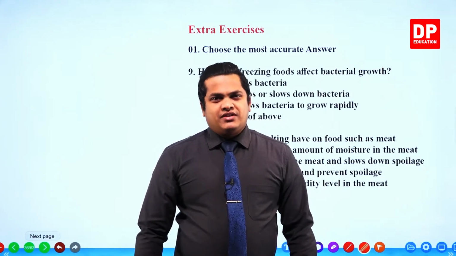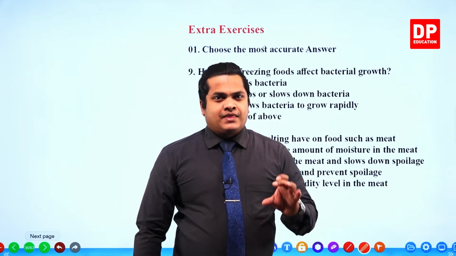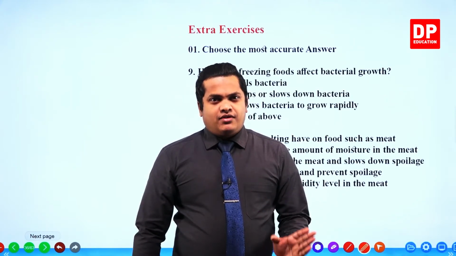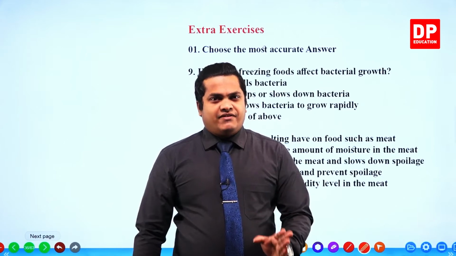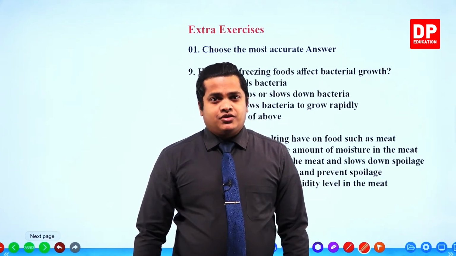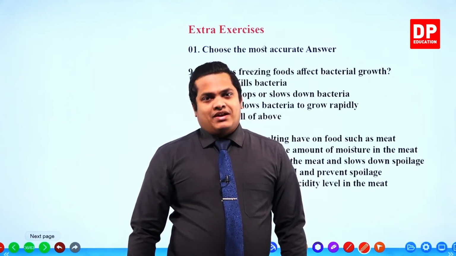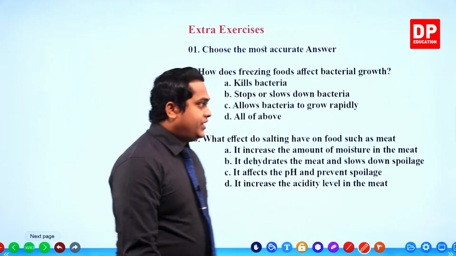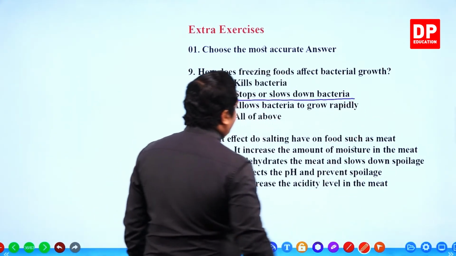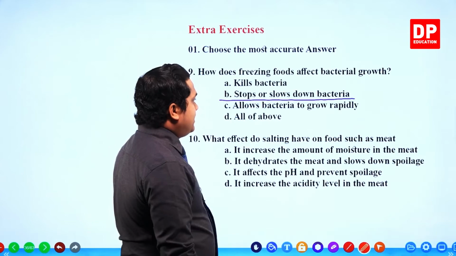What we are going to do here is reduce the temperature and control the factor which is favorable for the growth of microorganisms, which is the optimum temperature. In that way, my dear children, we are going to stop or slow down the growth of bacteria.